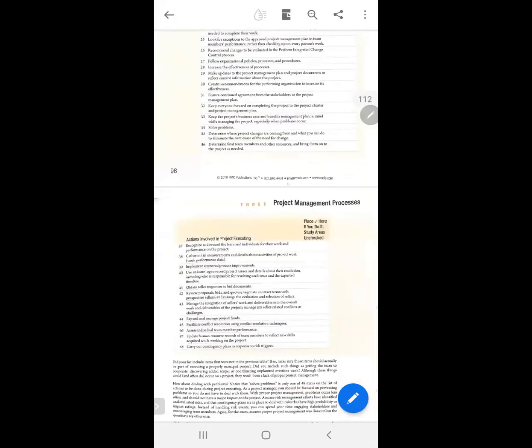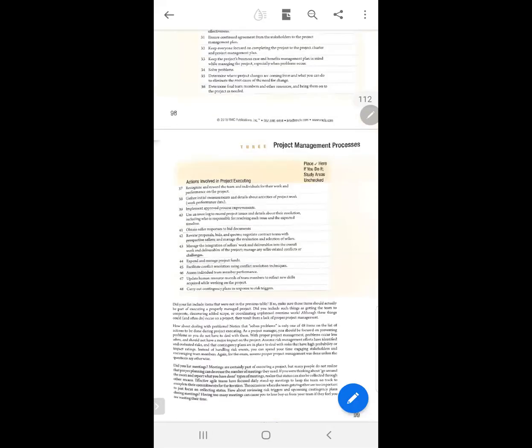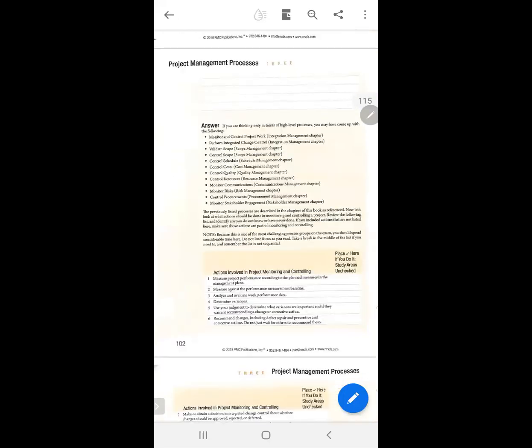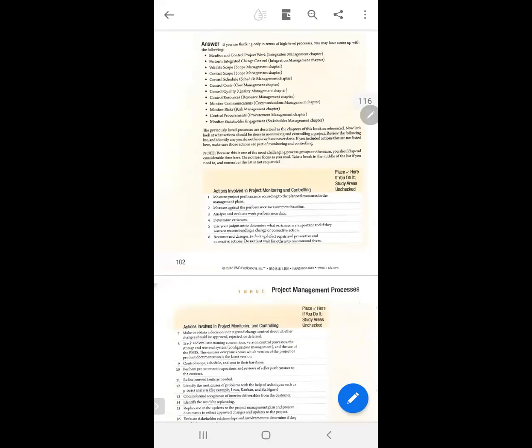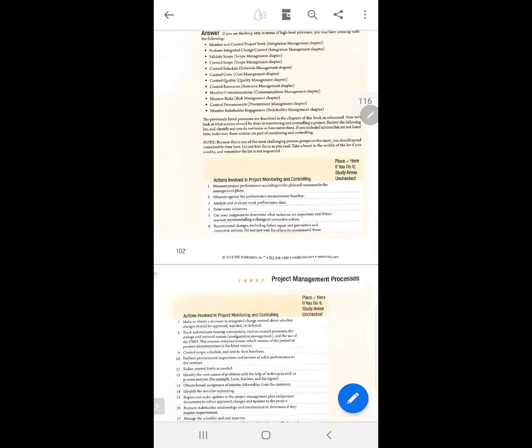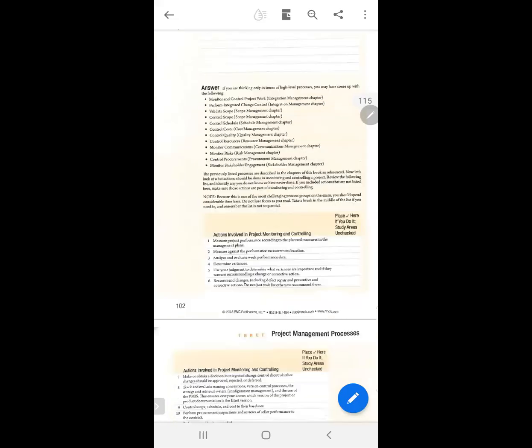All right, so here we have, under integration, I think page 100, and we have to take these questions according to, okay, page 112 on Rita.